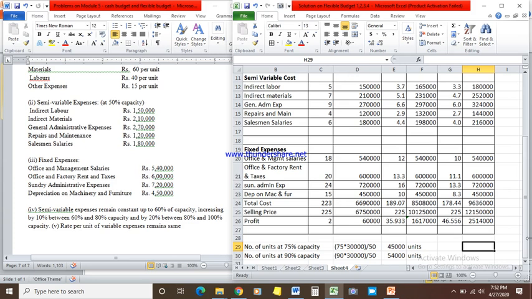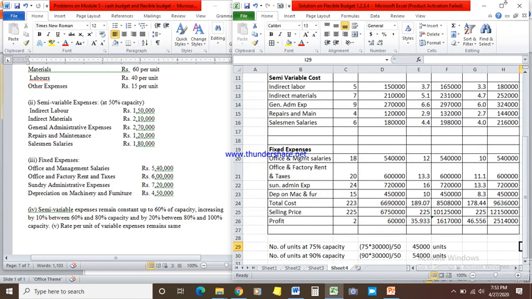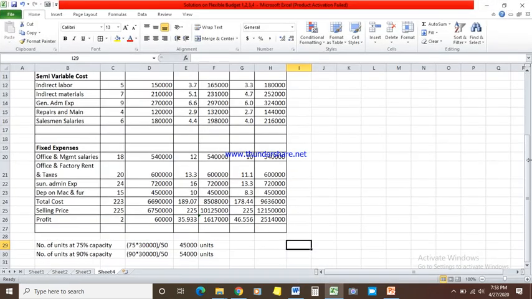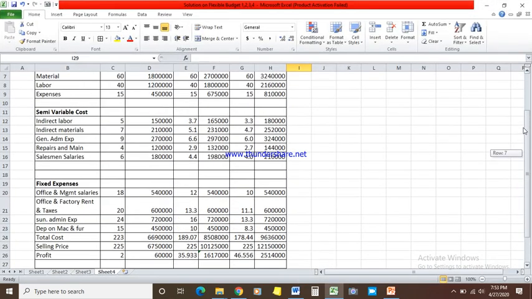Without changing the selling price, if you increase the volume of production, the fixed cost per unit is going to fall, and the semi-variable cost is going to add only a smaller percentage increase, whereas the profit is going to be higher. In this way, the problems on flexible budgets are solved.